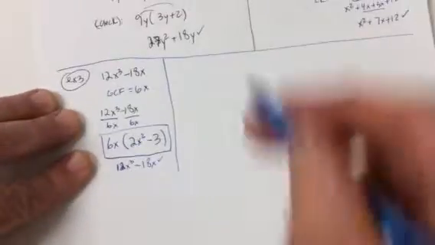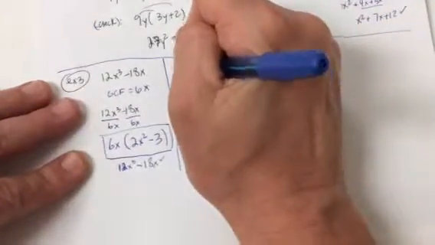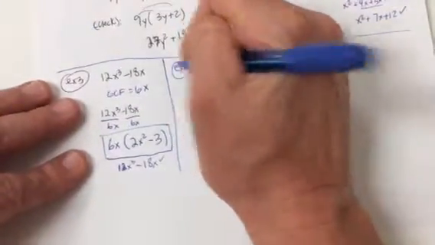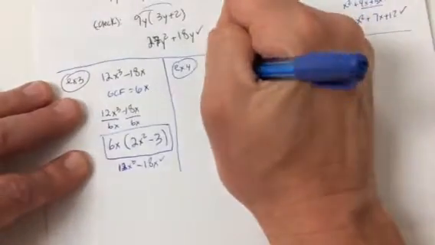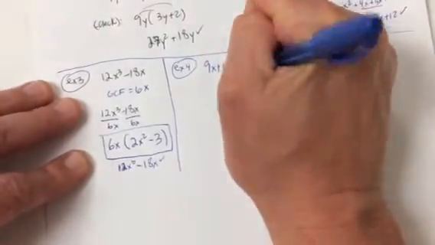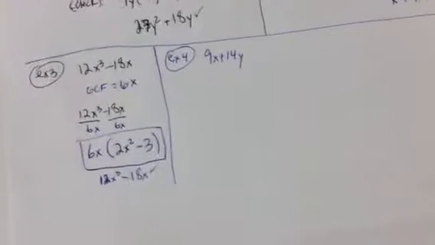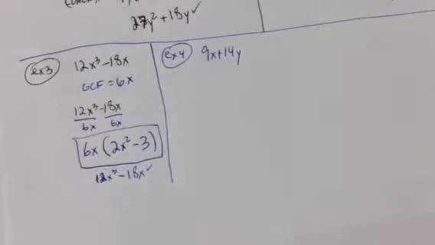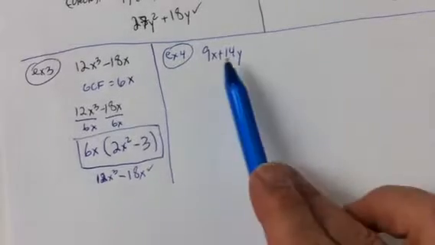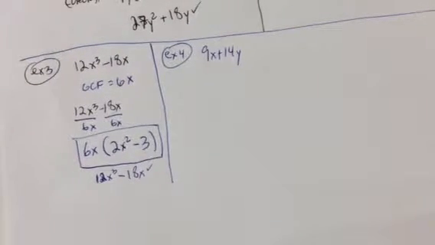Okay, so now let's do another one of these. If ever you need to go back to check something, please do. Example 4, let's do 9x plus 14y. For this one, what goes into 9 and also into 14? Only 1, right?